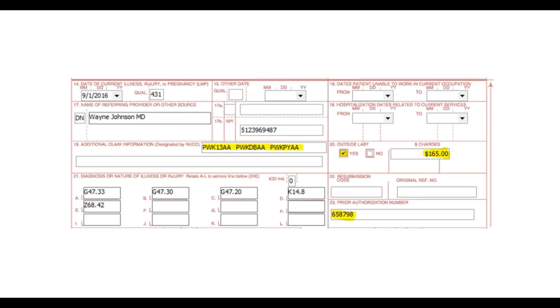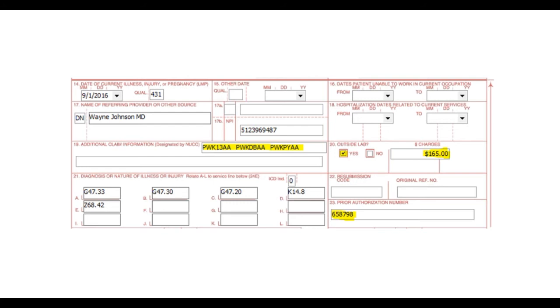Here's box 19, and we put PWK 13AA, and that is paperwork, sleep study, available upon request. And then the next one is PWK DBAA, which is paperwork, durable medical equipment available upon request, and then PWK PYAA, which is paperwork, physician's report available upon request.